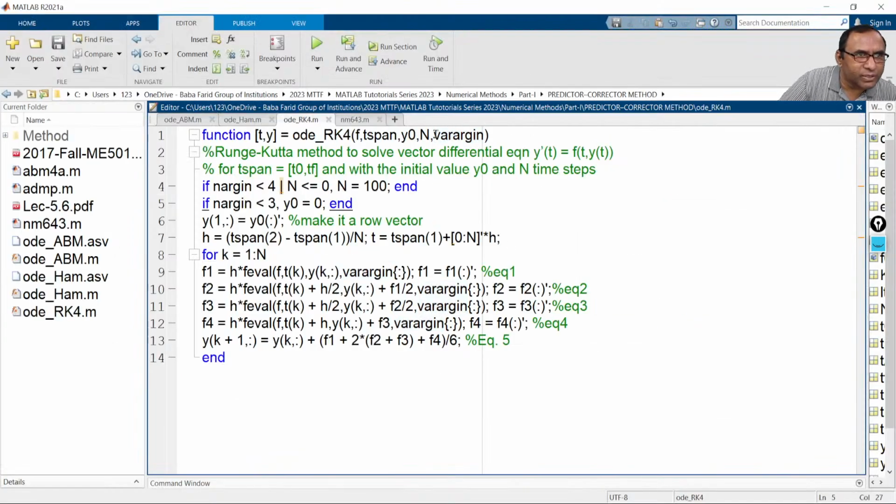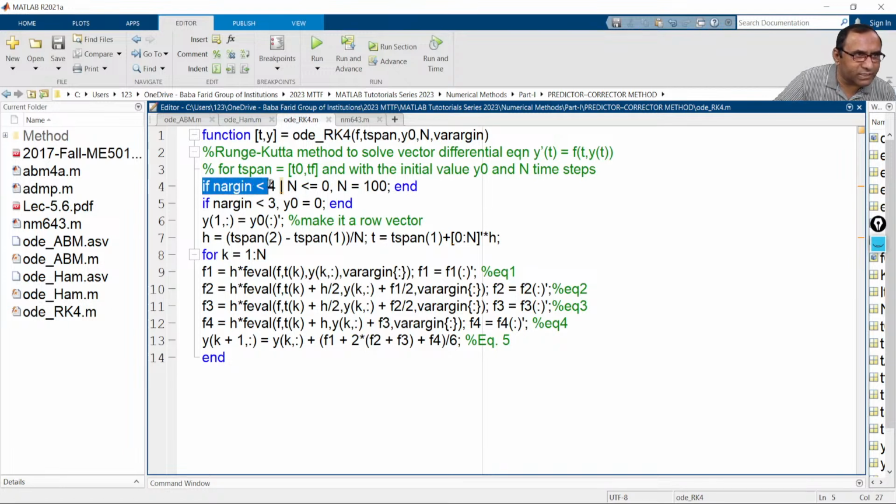So here we have this equation, and t span will be in this form. y naught is the initial value and n is the number of time steps. How many steps are there? So this is the way to use.